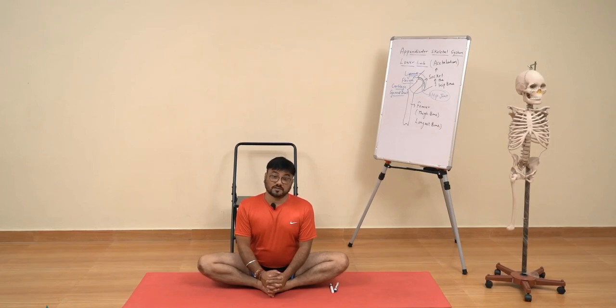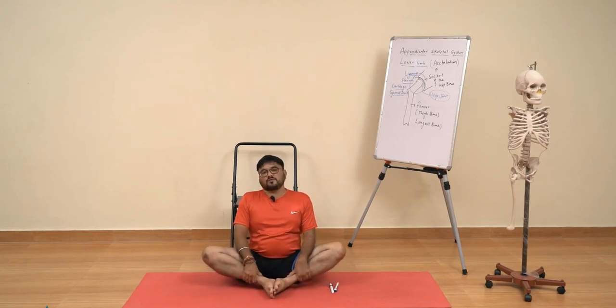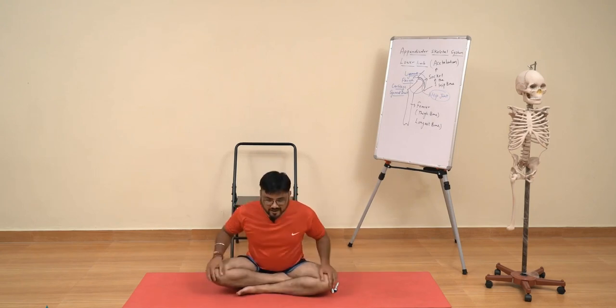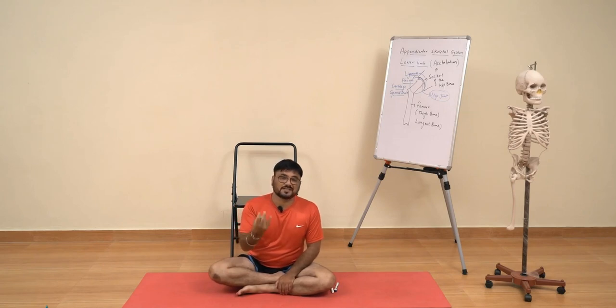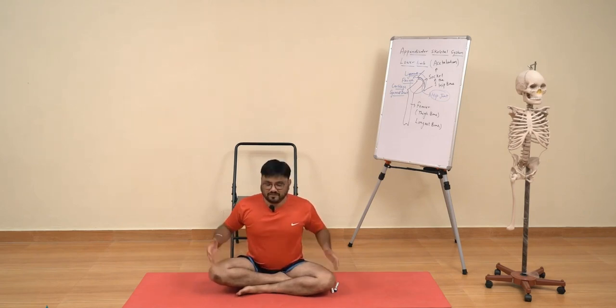If you have a sitting job for 6 hours, 8 hours, or a standing job too, never forget, my dear friends, to do these stretches for 3, 5, 7, or 10 minutes a day. And try to practice sitting on the floor.